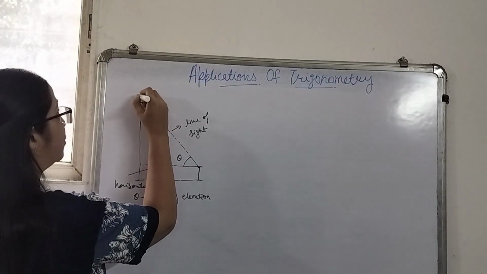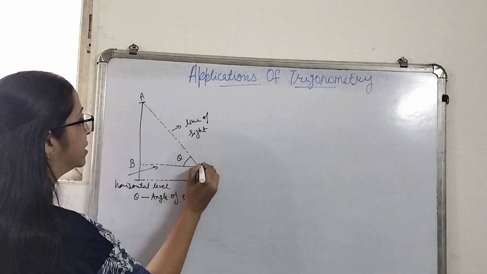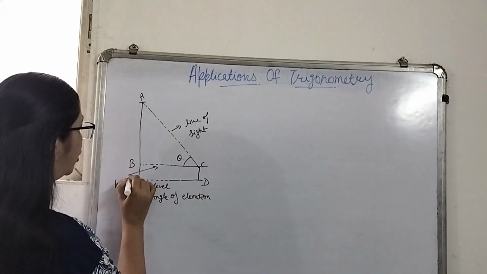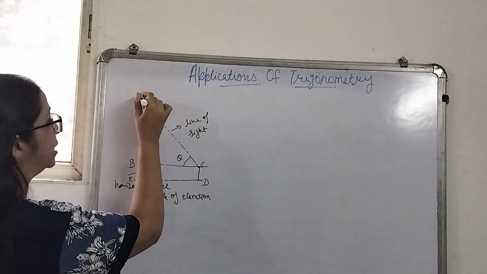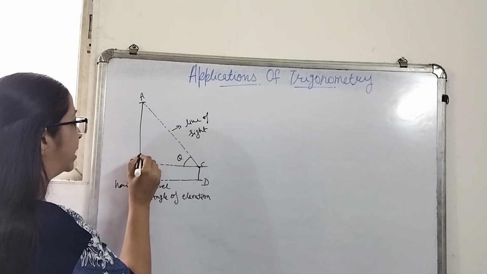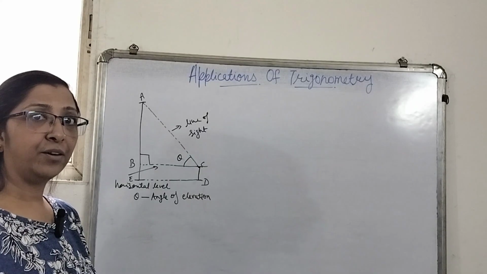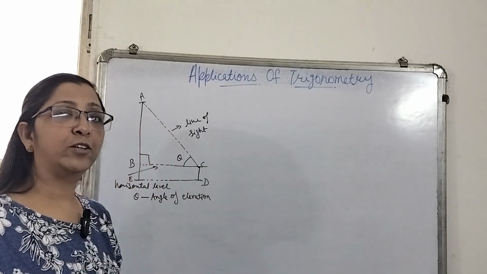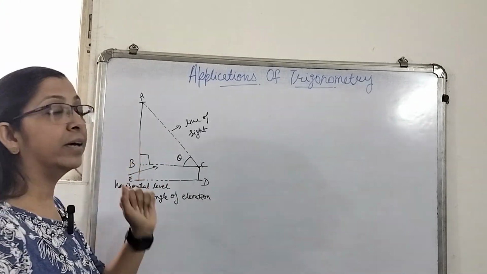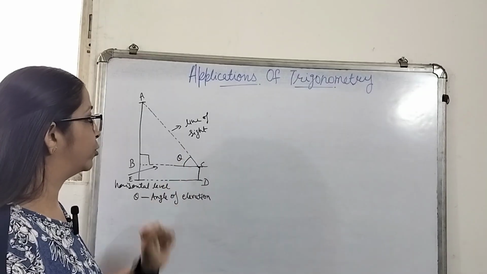Now suppose this is your triangle A, B, C, and this is the point D or the point E. We can see that A, B, C is a right angle triangle, right? And we know the concepts of trigonometry can be applied on a right angle triangle for the acute angles.